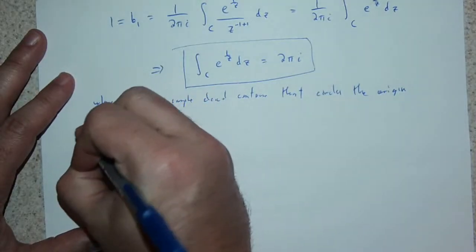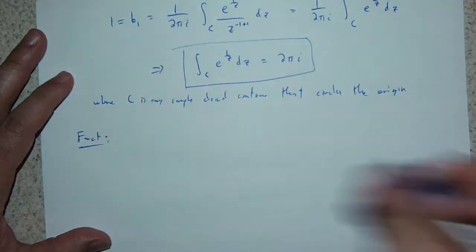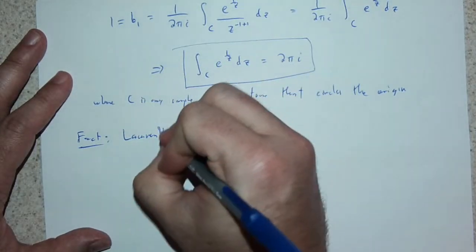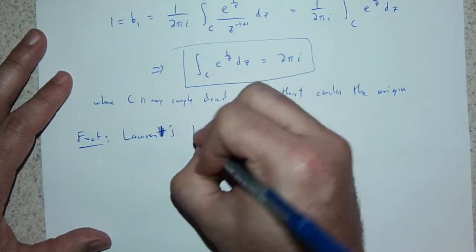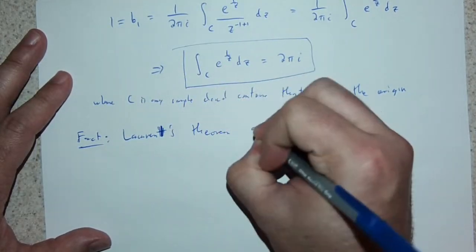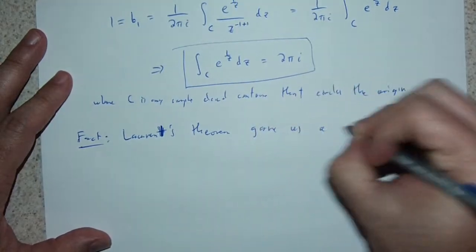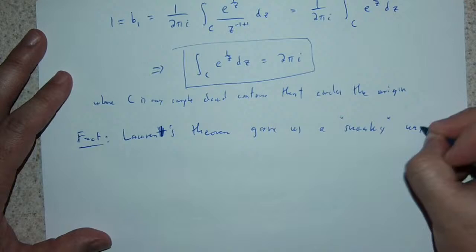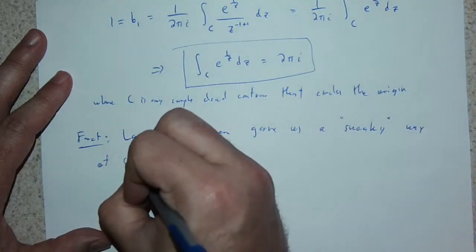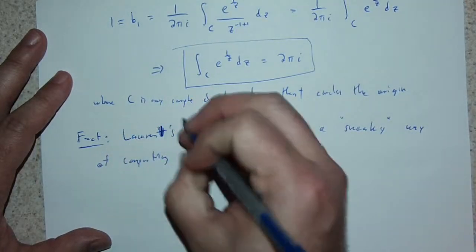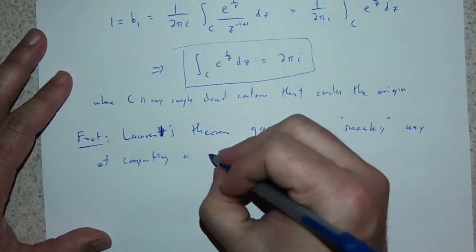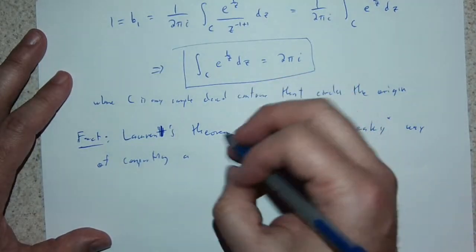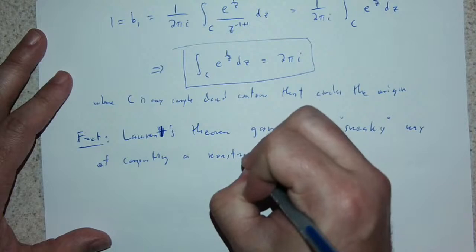In fact, just from this process, Laurent's theorem gave us a sneaky way of computing a non-standard contour integral, we'll say.